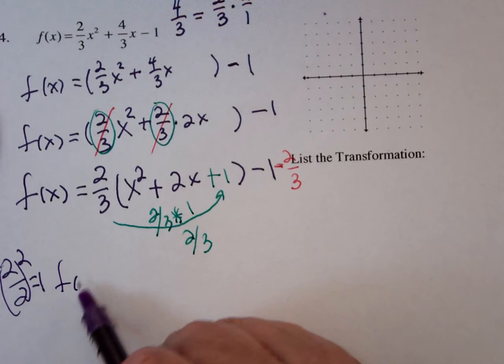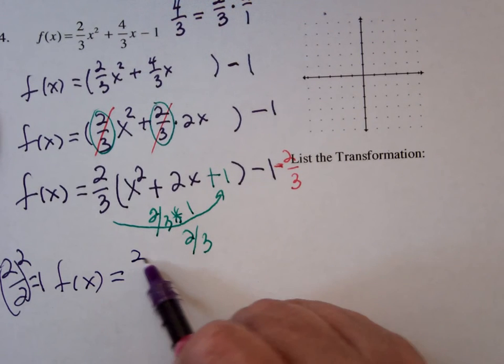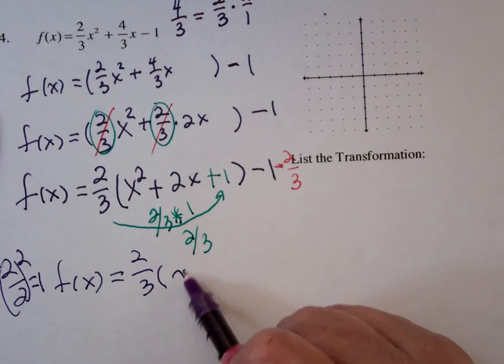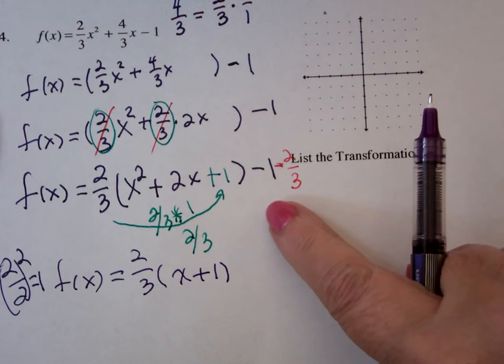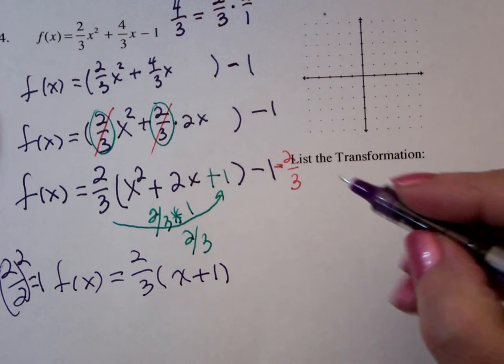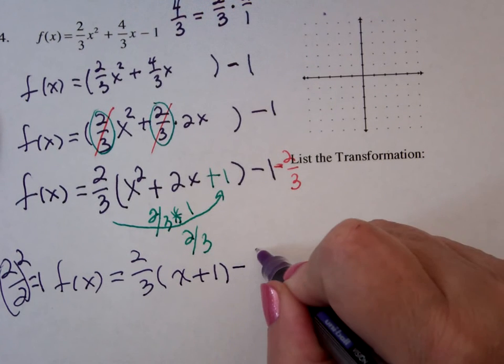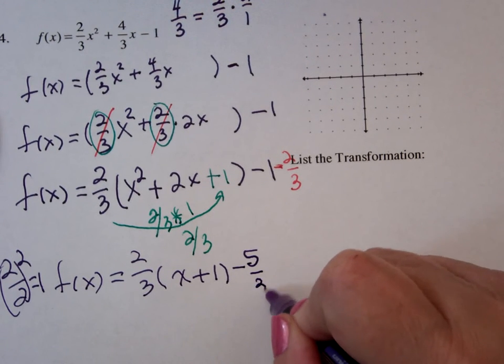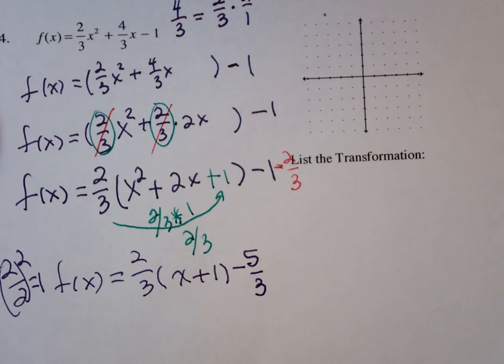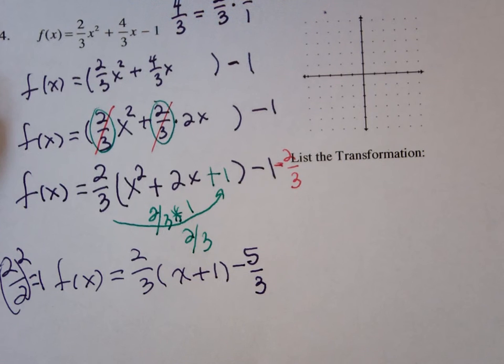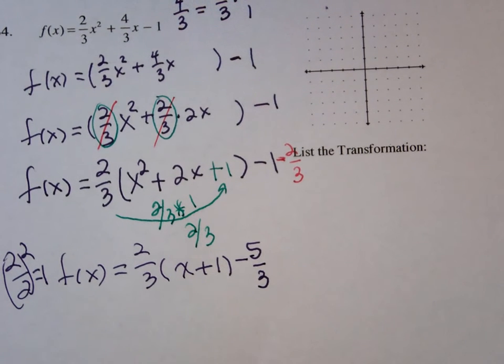So f of x equals 2/3 times x plus 1, and then I have 3/3 minus 2/3, which is minus 5/3. So 1 is 3/3. By the way, if you're going to take calculus at all, you're going to get used to that. Would it be x plus 1 squared? Oh, thank you. Yes.